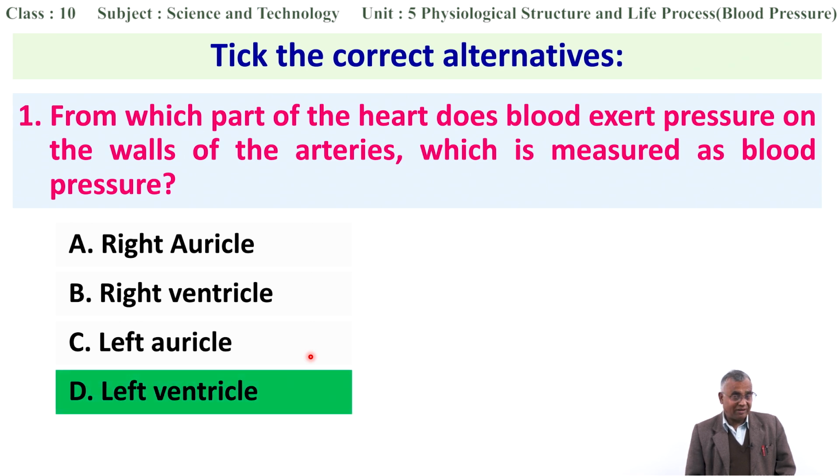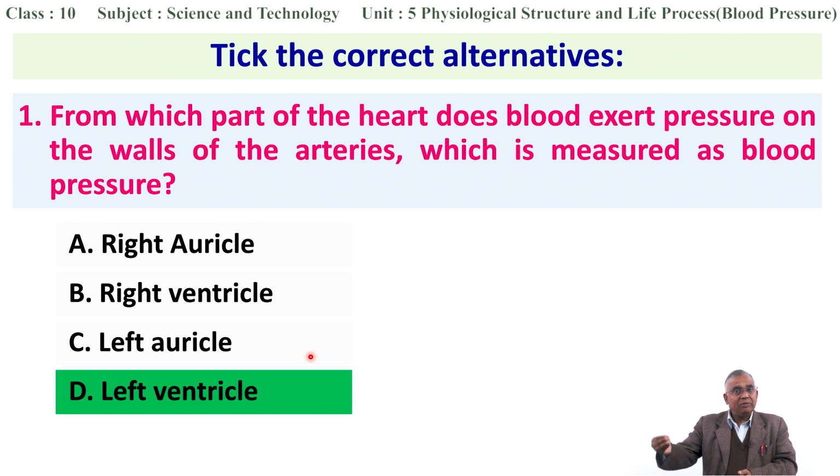It is left ventricle, because the right auricle pumps blood to what? To the right ventricle. It does not pass out. The right ventricle pumps blood into the lungs for purification, and the pulmonary arteries are inside our body. They are not measured here. Yes.